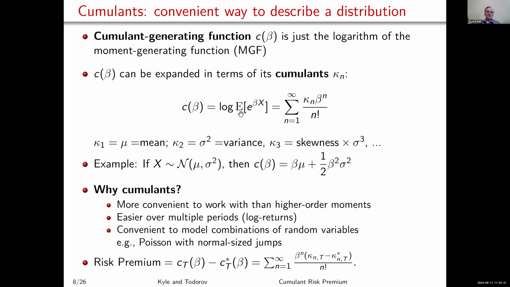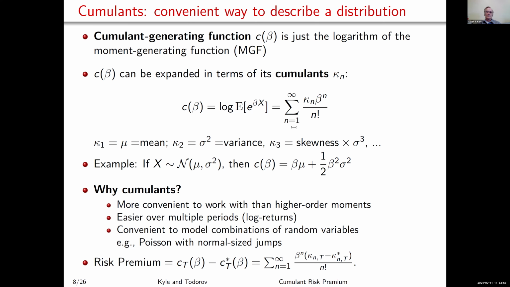And when you take the expectation operator in here, the log of the expectation of e to the beta x can be expressed as a power series for lots of distributions. The power series converges for lots of distributions, and the coefficients in the power series, typically called kappa, are called the cumulants.